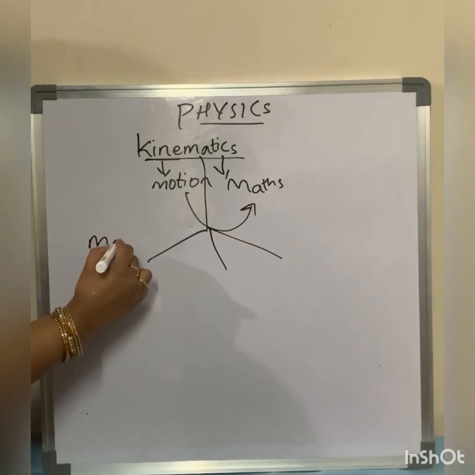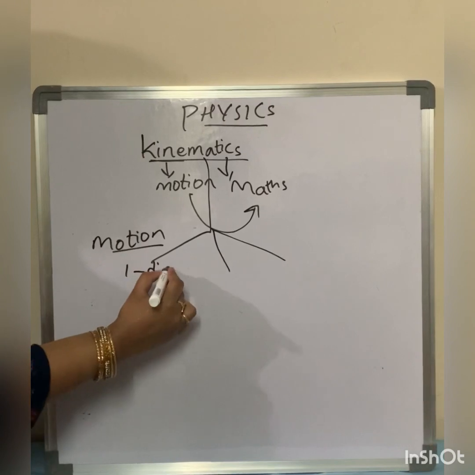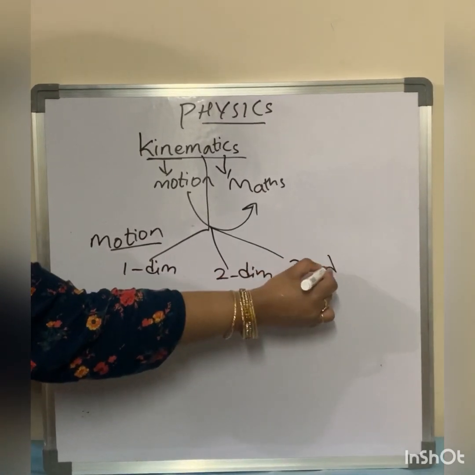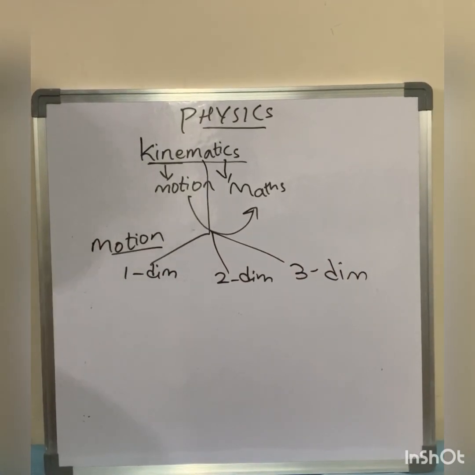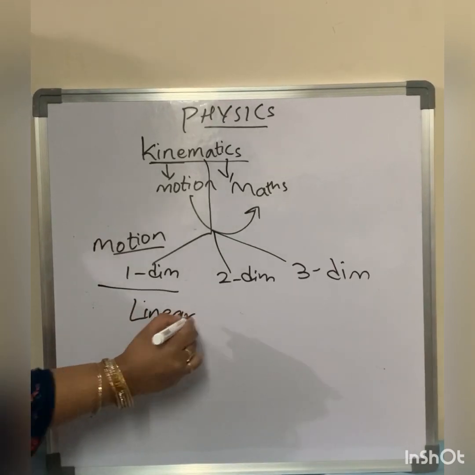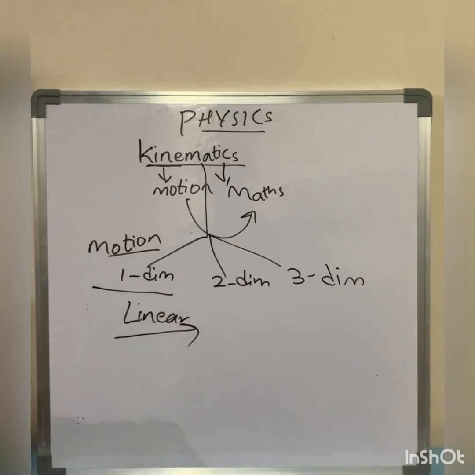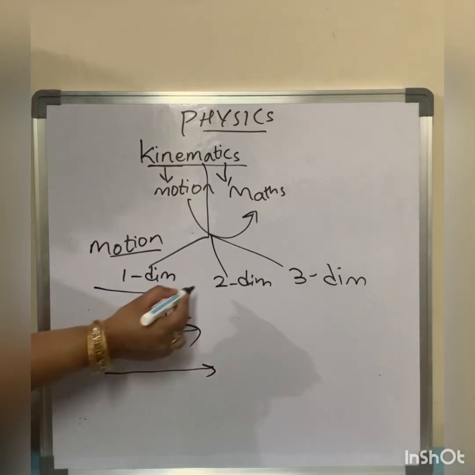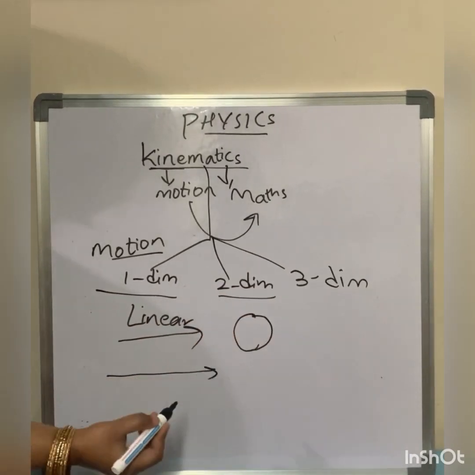motion in 1 dimension, 2 dimensions and 3 dimensions. So coming to motion in 1 dimension, this is the linear motion in a straight line. Next is rectilinear motion, continuously in a straight line. Next is 2-dimension motion, that is circular motion.